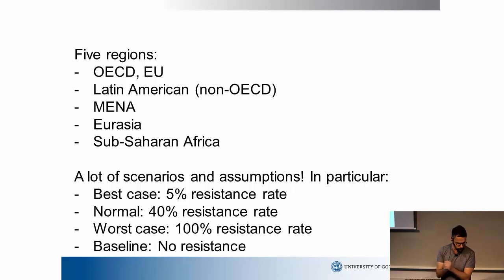So the base case is 5%, then a normal case of 40%, and then doomsday, okay, 100% antibiotic resistance. Under these different scenarios, they estimate what fraction of the population will actually die compared to another scenario, how much more people will be sick, etc. Okay? And then they translate these into economic costs in terms of loss of productive capacity.